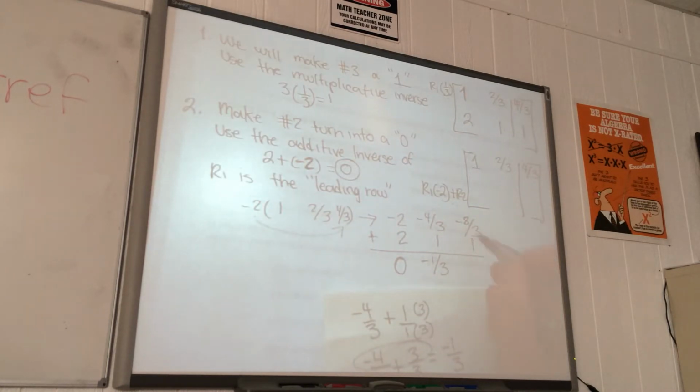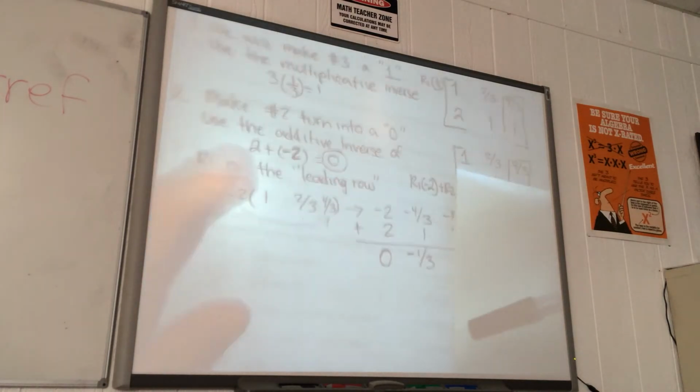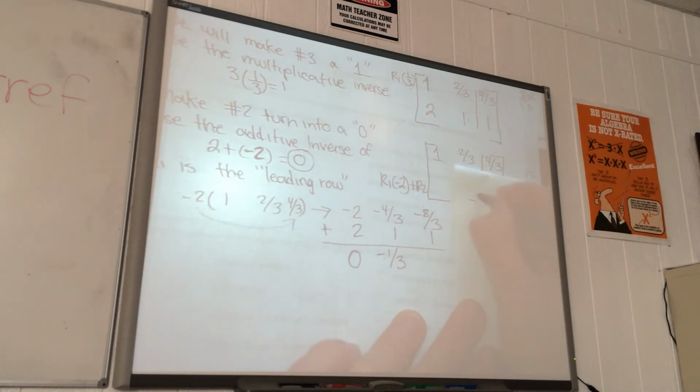Okay, now we need to do the same here with negative 8/3 plus 1. So let's use some scratch paper. Now you already know the common denominator is what? 3. So we need to multiply bottom and top by 3.